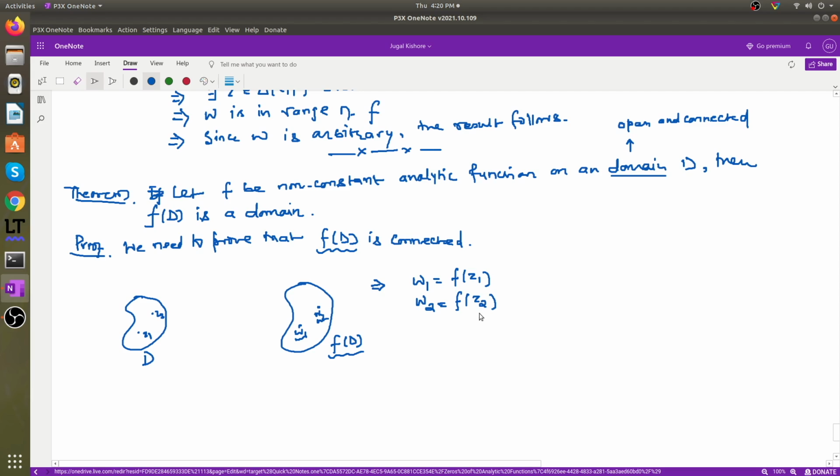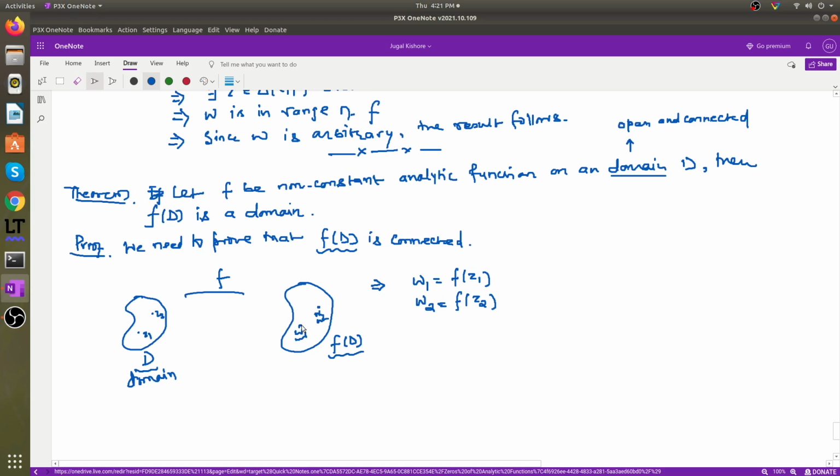Okay, and since D is a domain, that means D is connected. If D is connected, then the points Z1 and Z2 are connected, so we can have a finite number of line segments connecting Z1 and Z2. Since f is analytic, f can map these line segments to curves in f(D).